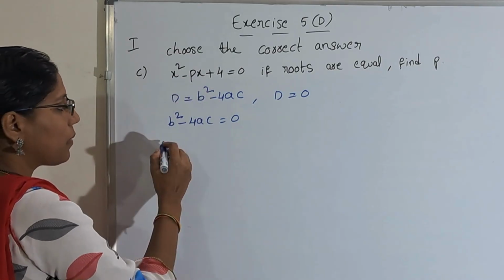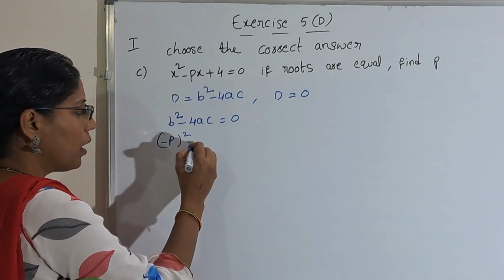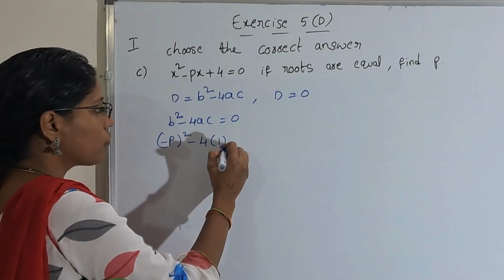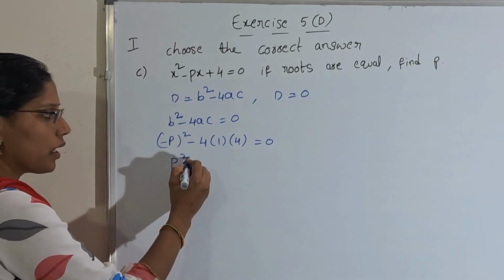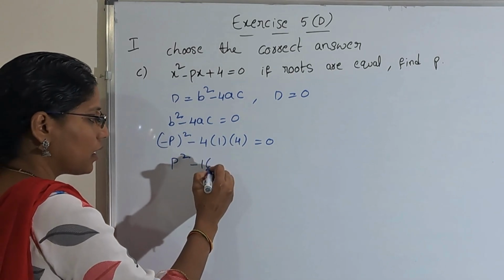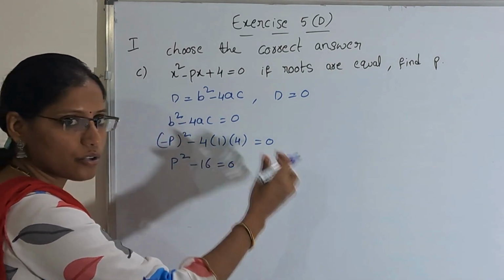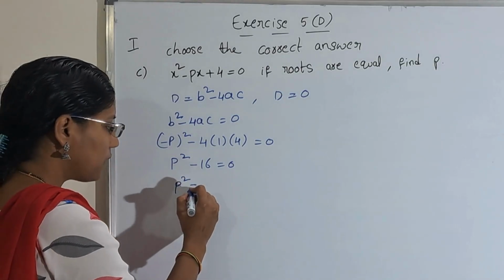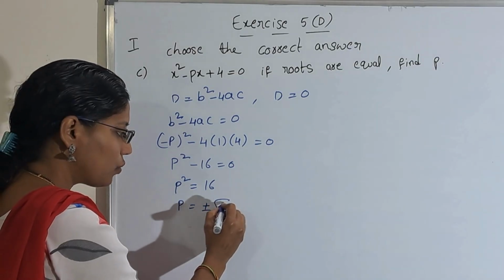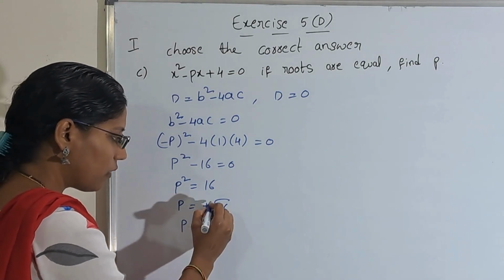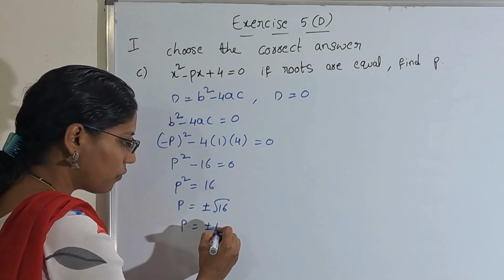Here b value is minus p whole square minus 4 into a value 1, c value 4 equal to 0. Here p square minus 16. Here 16 we have to shift to the right side. P square is equal to plus 16. P is equal to plus or minus root 16 it will come. P is equal to plus or minus 4. This is the p value.